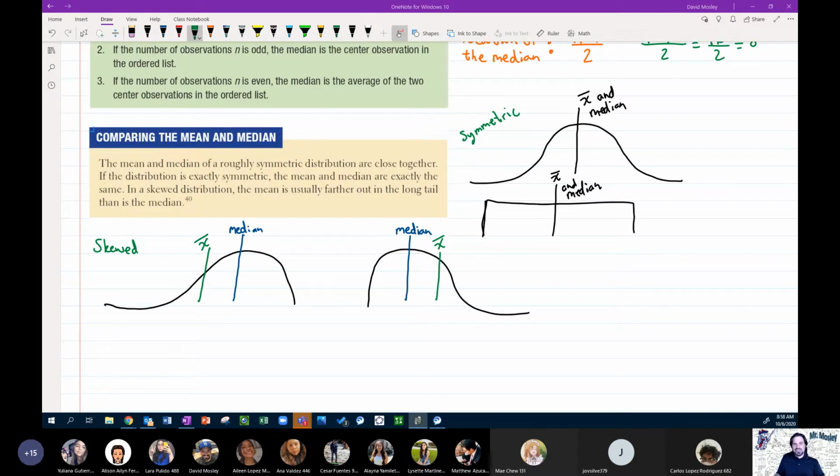So the average home price is going to be much higher than the median, because these extreme values are pulling that mean towards the tail. And it's not an accurate reflection of what the typical person would be expected to pay for a home. So we have to make those considerations when deciding which to use, the mean or the median, whichever is a better reflection of what is typical of that distribution.